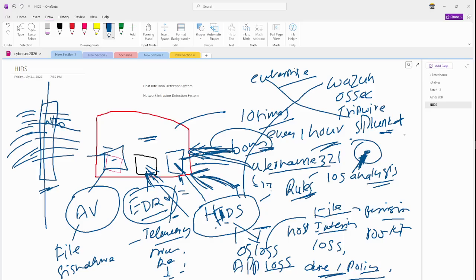So there will be one question: why do you still require the HIDS here?